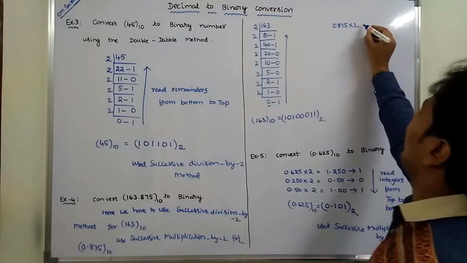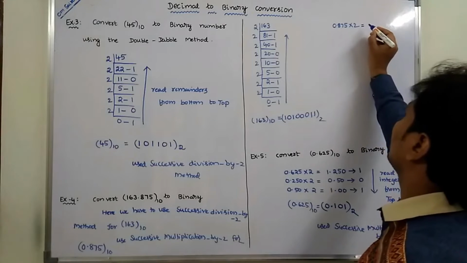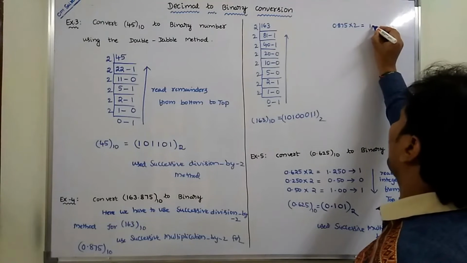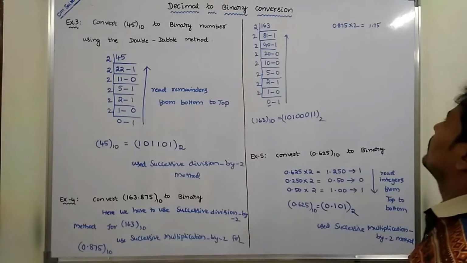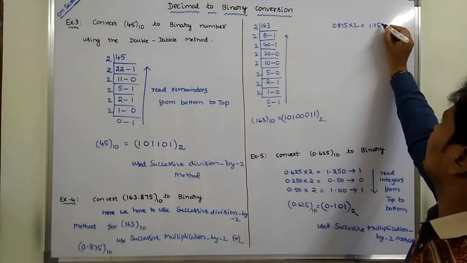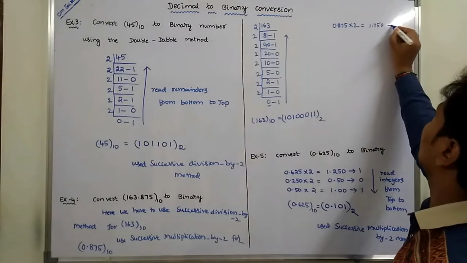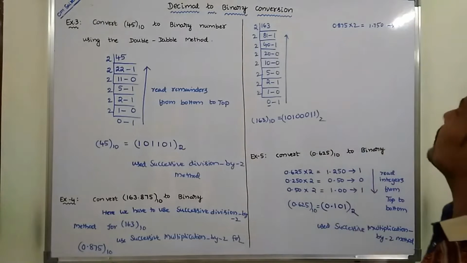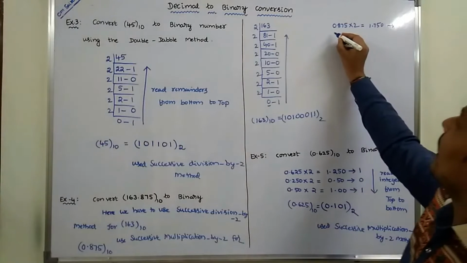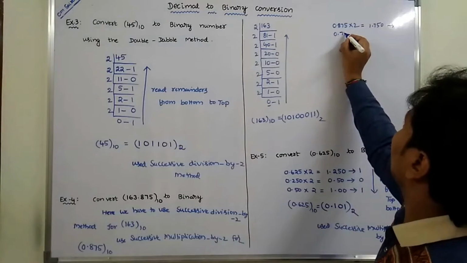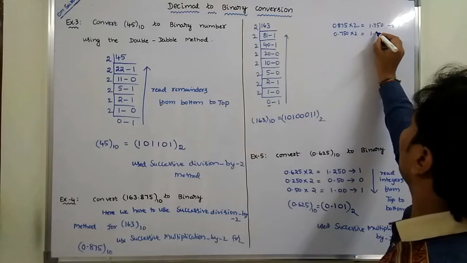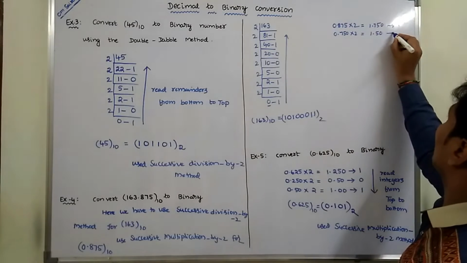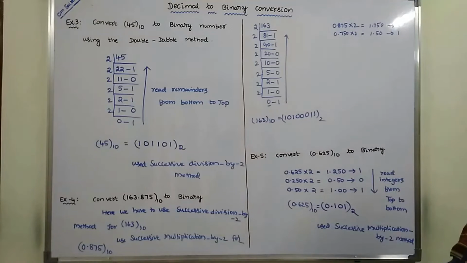0.875 into 2 is equal to 1.750. Separate the integer part 1. The remaining fraction part is 0.750 into 2, which is equal to 1.50. Separate the integer part 1.